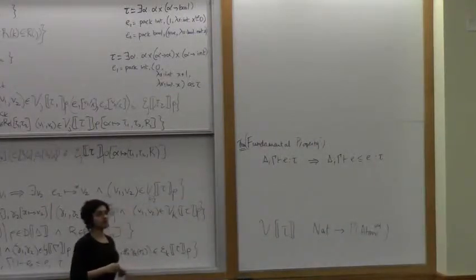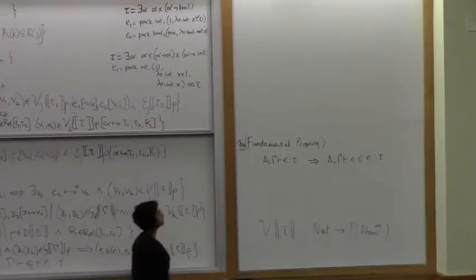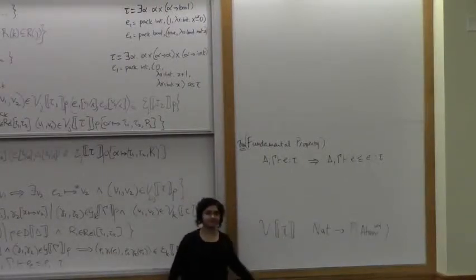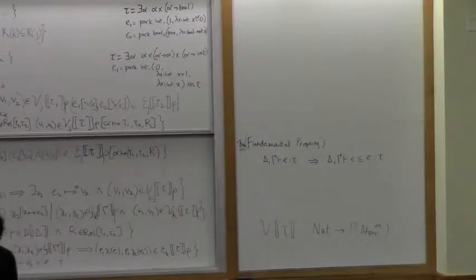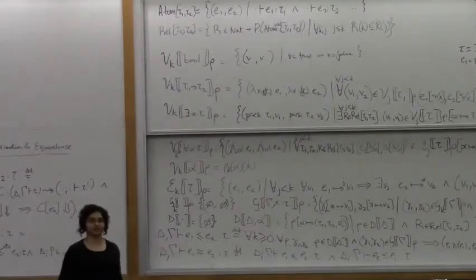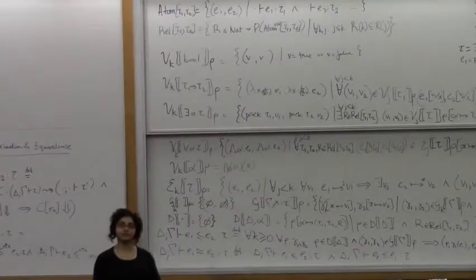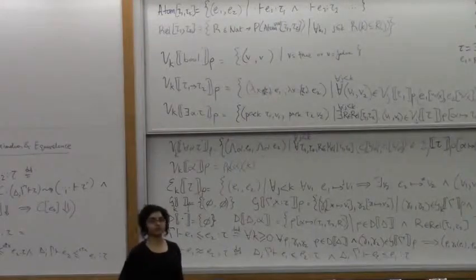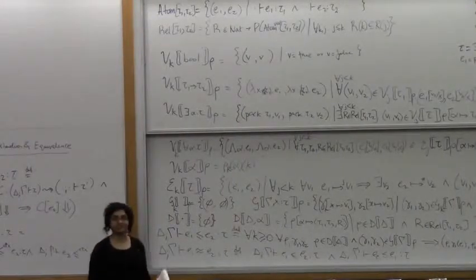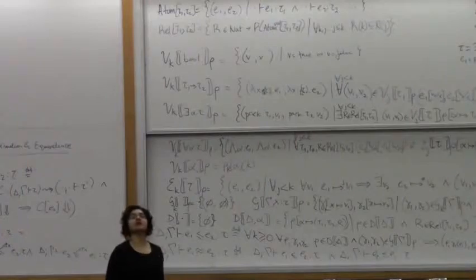Okay? Does this look weird? Does anyone have questions? Proving that will basically, as I said about the fundamental property yesterday, be the first thing you do after you set up your logical relation, which is where you end up establishing that the logical relation you've set up is, in a sense, internally consistent, if you will. Okay?